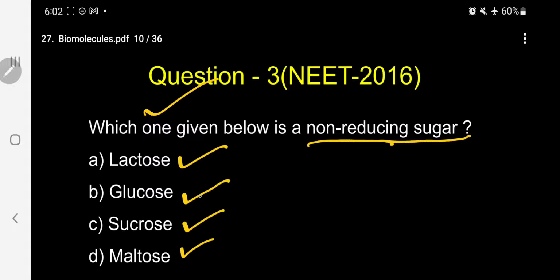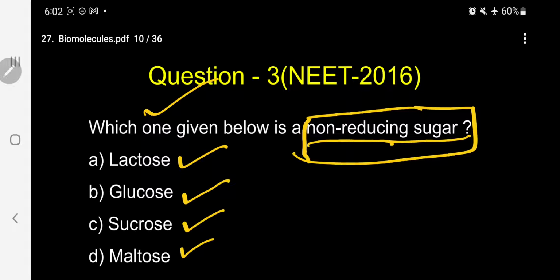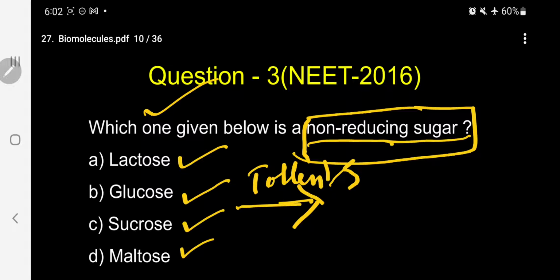But only one is a non-reducing sugar. What is meant by non-reducing? So, when you treat these carbohydrates with Tollens reagent, ammoniacal silver nitrate, or Fehling's reagent, and you heat in a water bath for 1 hour, what will happen now?